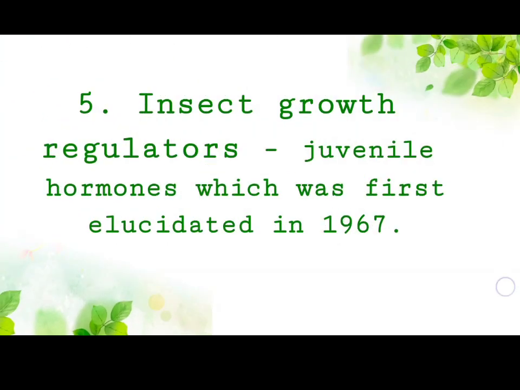Insect growth regulators. It is a juvenile hormone which was first elucidated in 1967, in which it kills insects by inhibiting the molting process or interfering with chitin synthesis. Examples are methoprene, phenoxycarb, and chlorfluazuron.